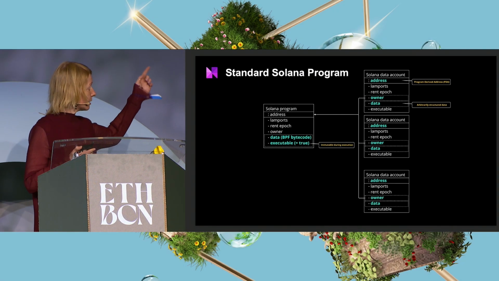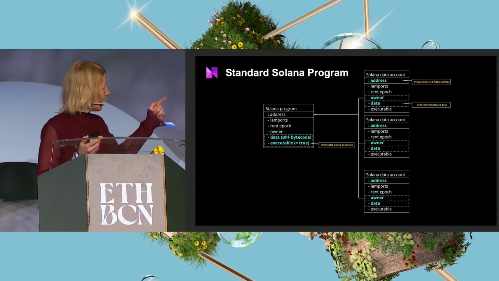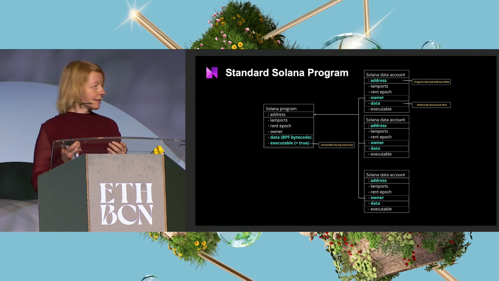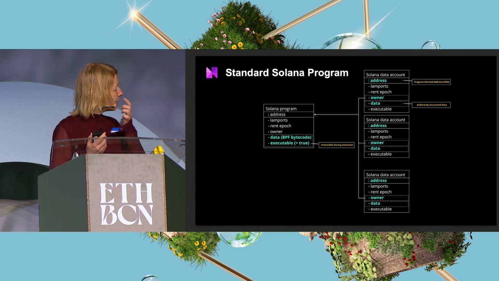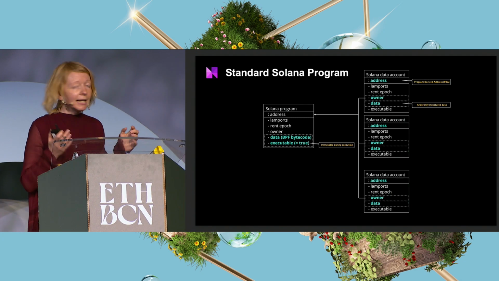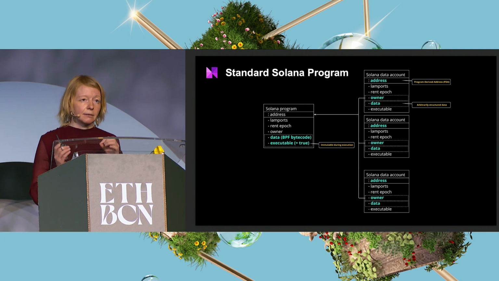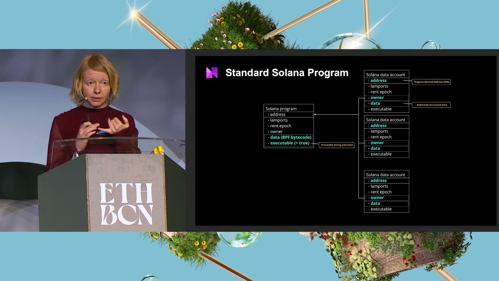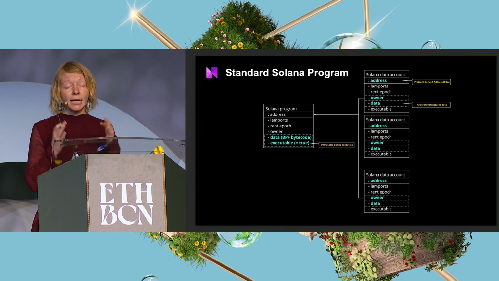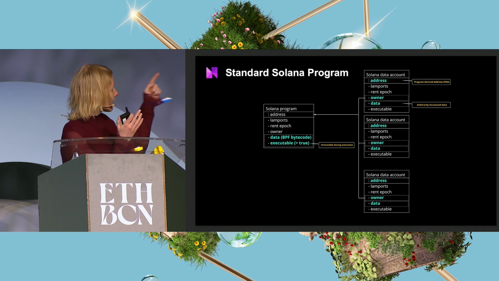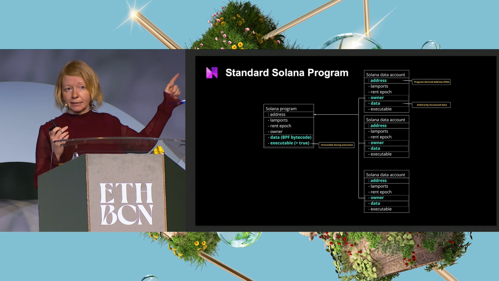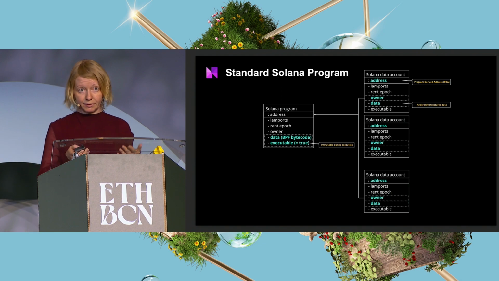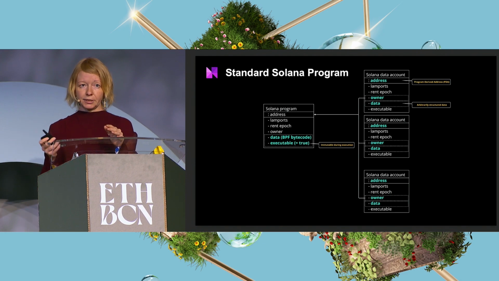You have special Solana programs which execute the data. And then you have the special Solana data accounts with the so-called program-derived addresses. These addresses don't have public or private keys, so they can be executed only by Solana programs, and they can't launch any transactions by themselves. This is a crucial thing to understand.